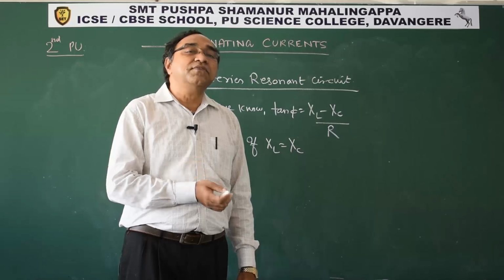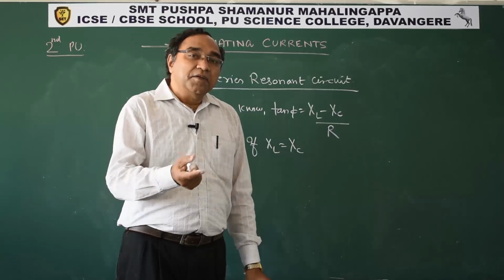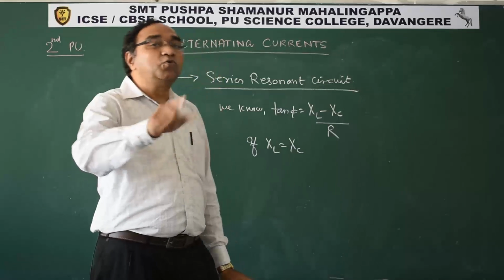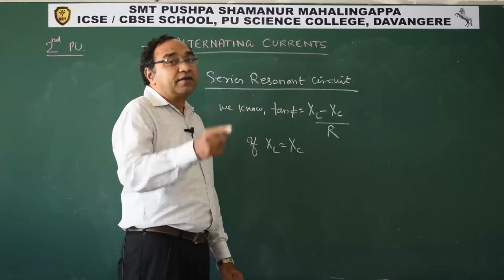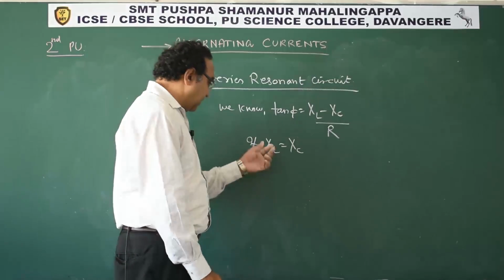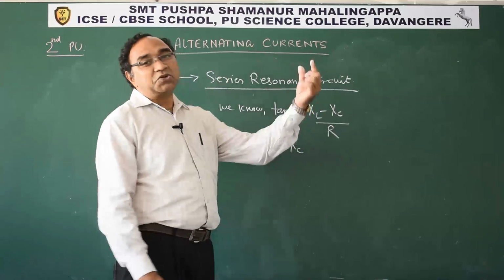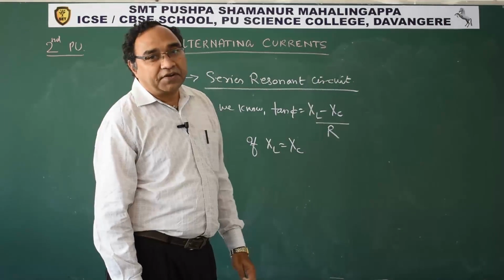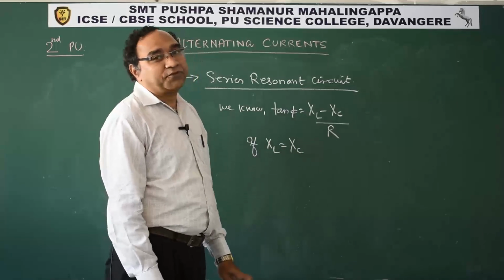How can the two be same? But their behavior towards the source can be same. And what is that behavior? Reactance. Inductive reactance, which is omega L, can be equal to capacitive reactance. That is possible because both of them are measured in ohms.